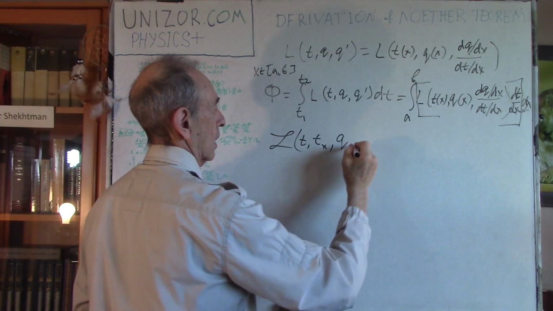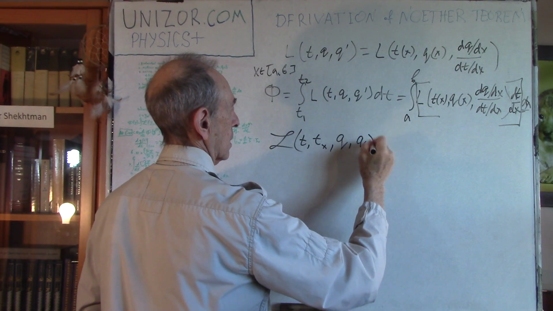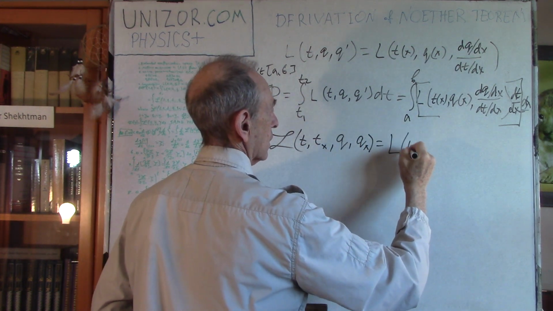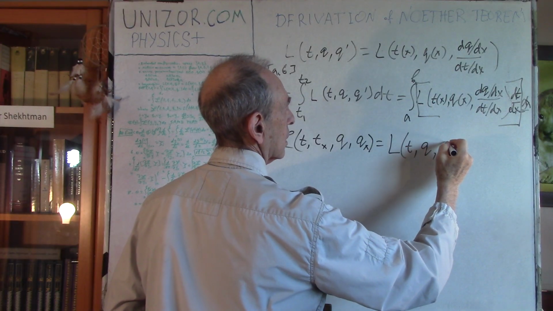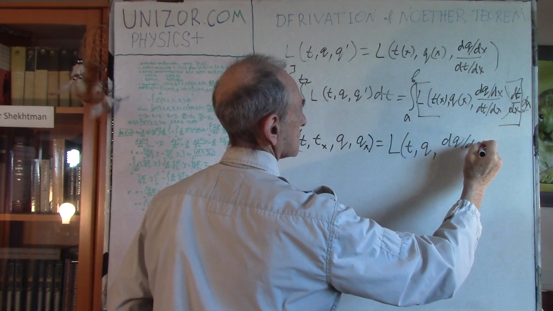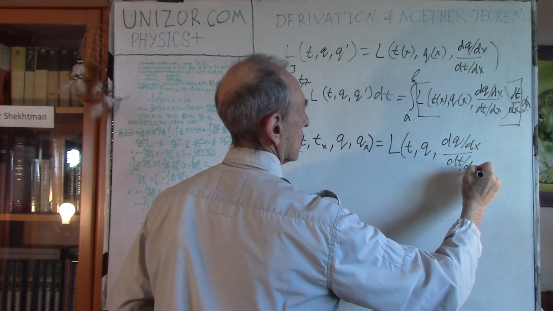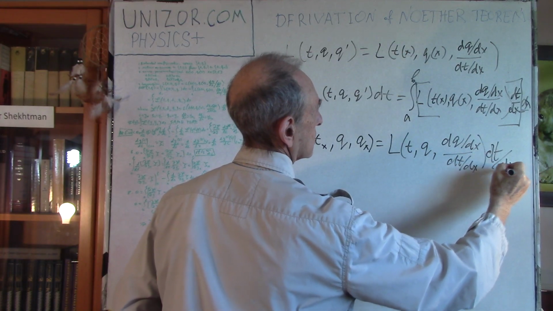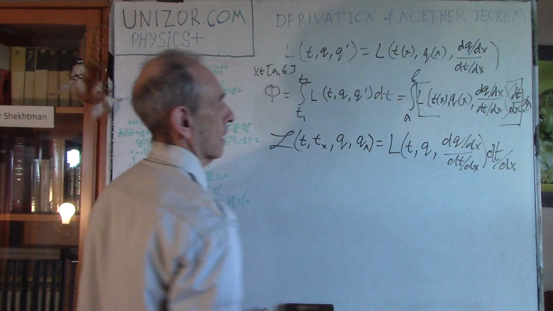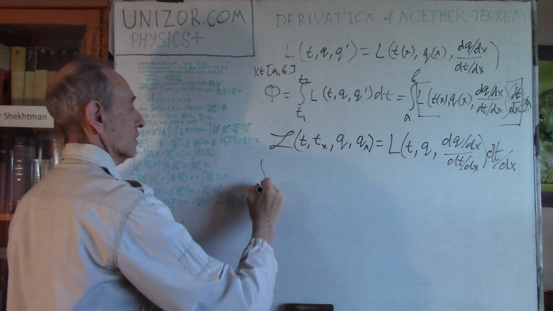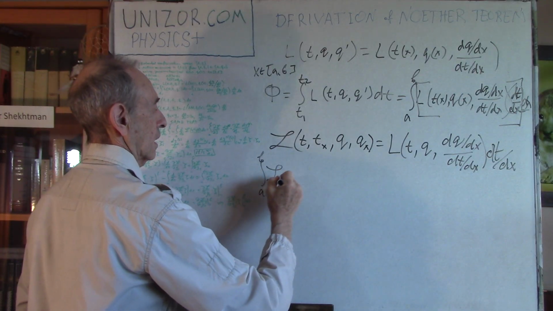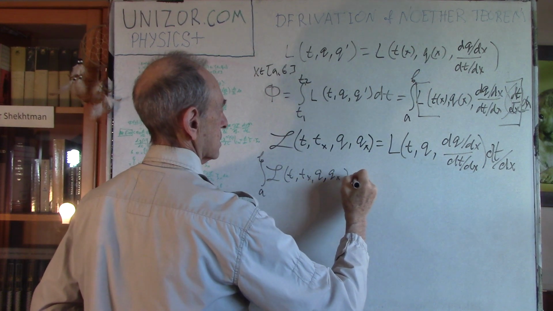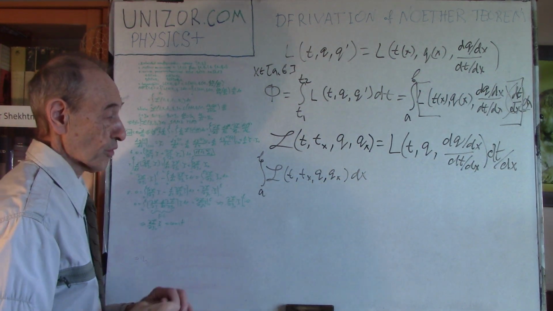This is equal to L of t, q, dq by dx divided by dt by dx, times dt by dx. And now my integral looks like the integral from a to b of L of t, t_x, q, and q_x dx. It looks much more symmetrical.